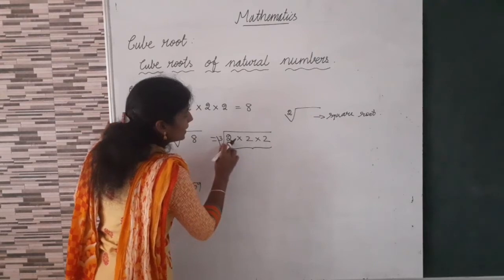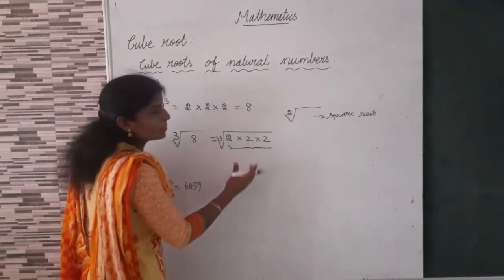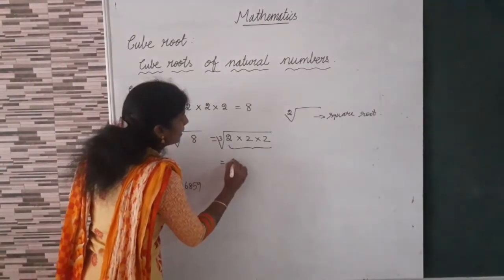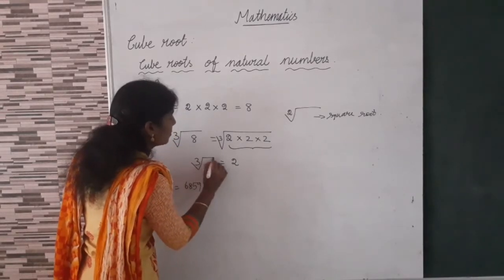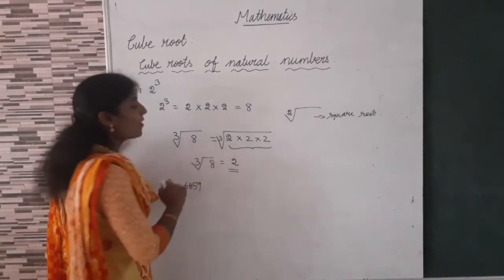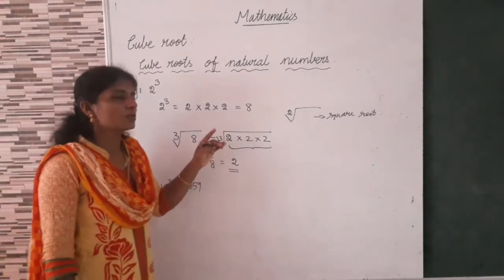Here 3 times 2, so we can take outside only one 2. So cube root of 8 is equal to 2.